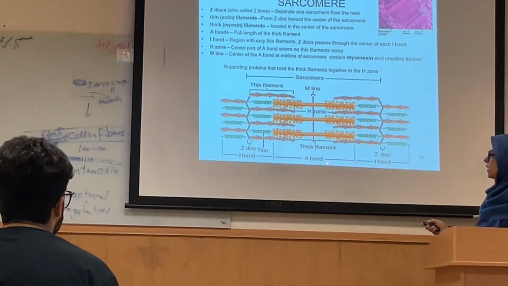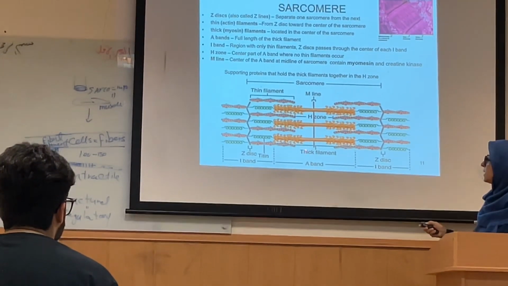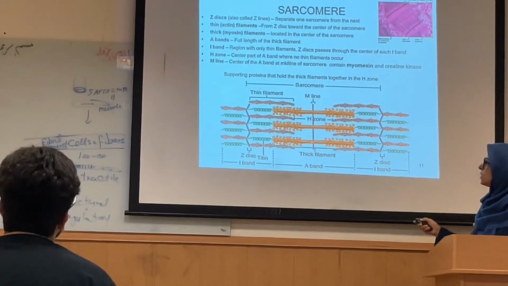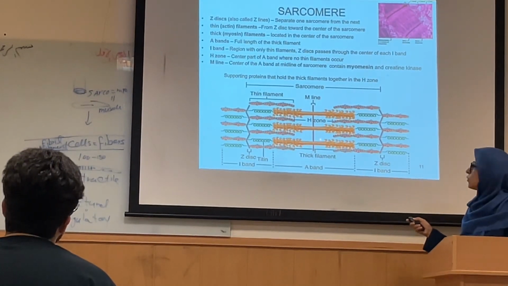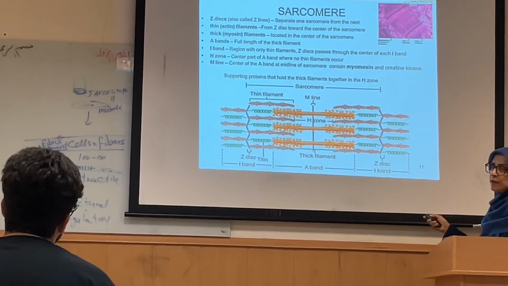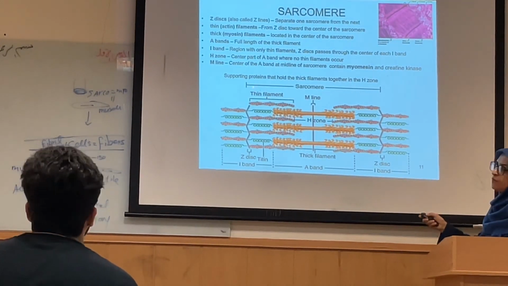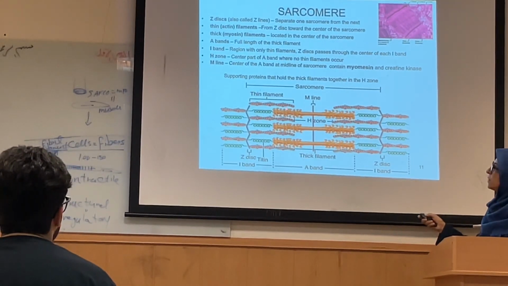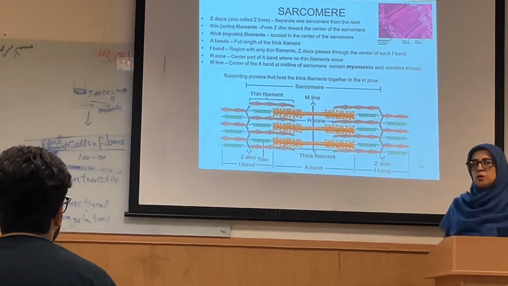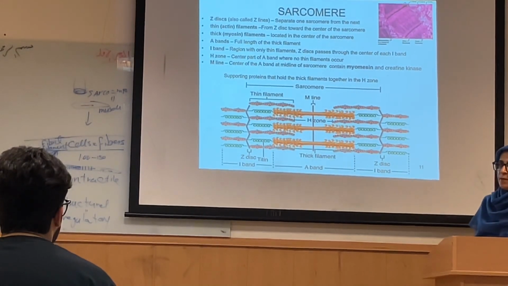The dark line includes the thick filament, which includes the myosin molecules. The myosin molecule has a tail and head, and the actin filaments are the thin filaments, which are the microfilaments in all cells, also in the muscle cells.